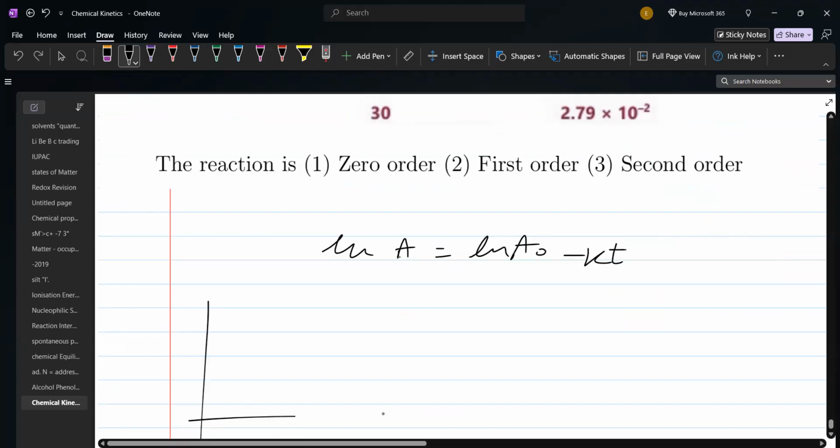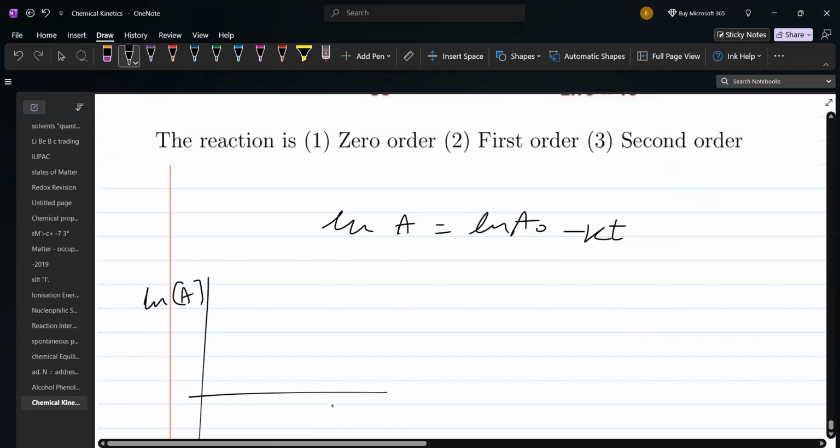We have to draw a graph of log of concentration versus time. So for this please see, we have to make a graph of this versus time.